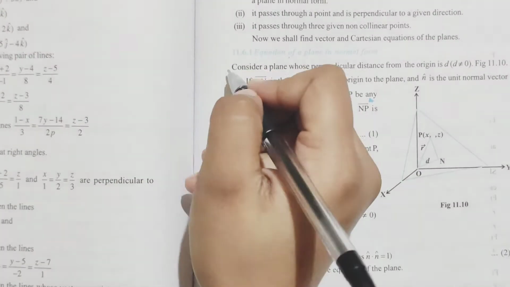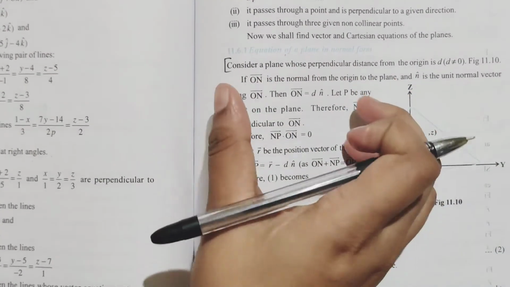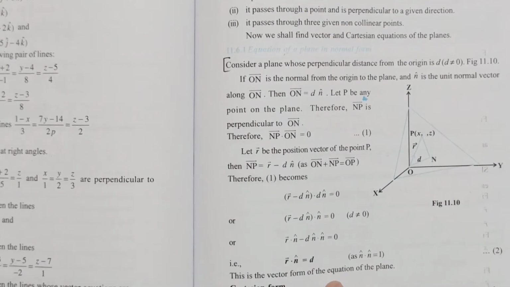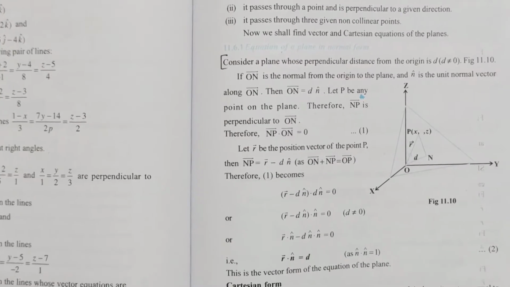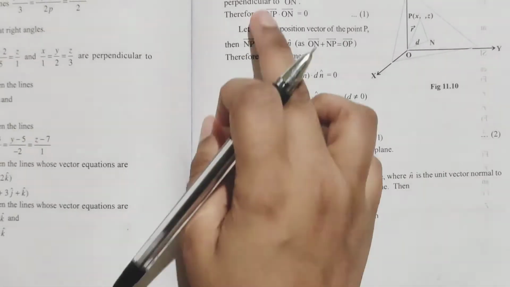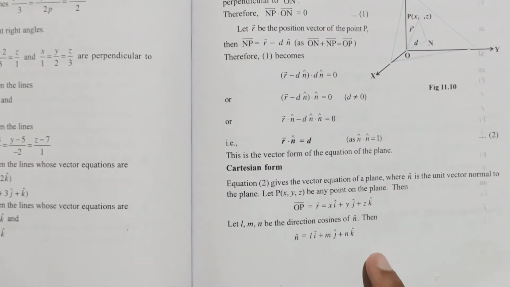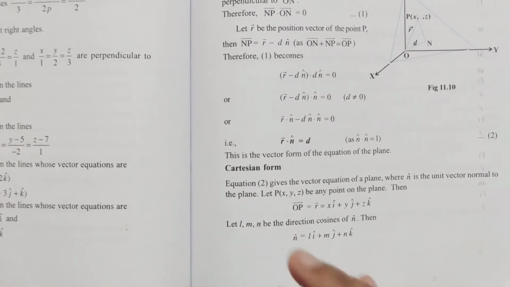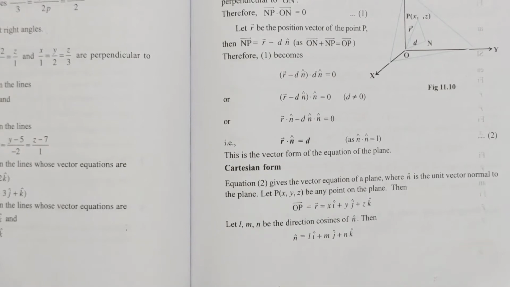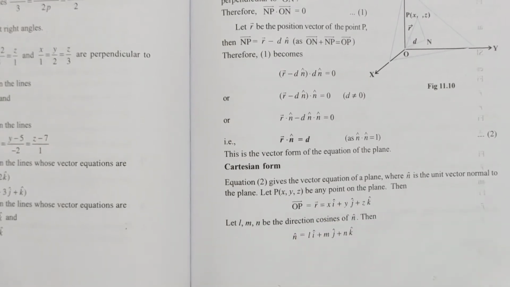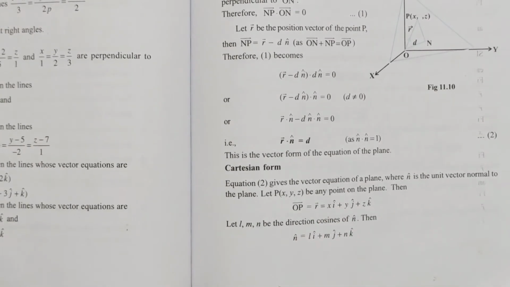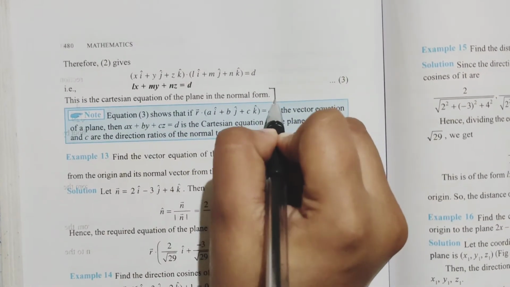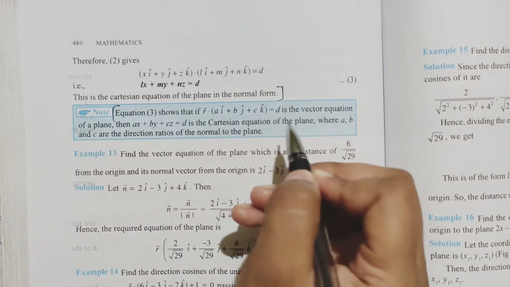So whatever I have explained, from here start writing, draw your plane, start everything. Even your Cartesian form, up to here, take this as a note.